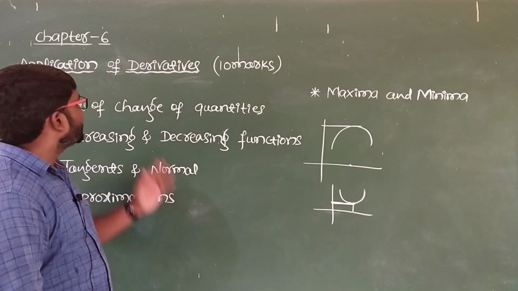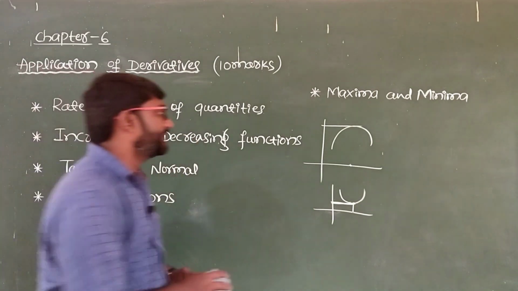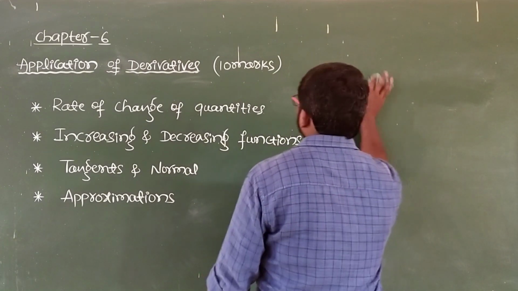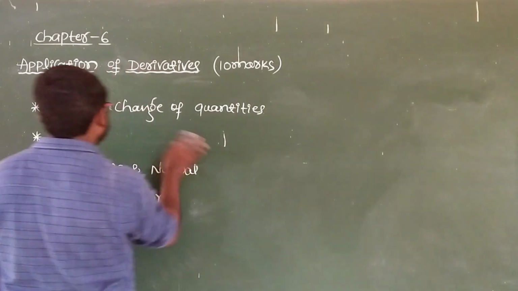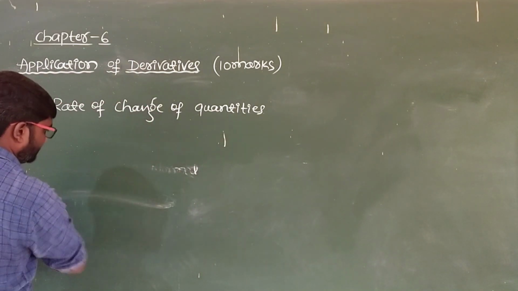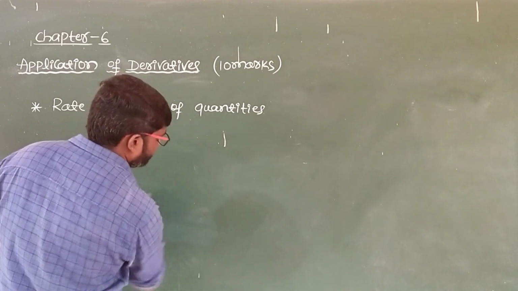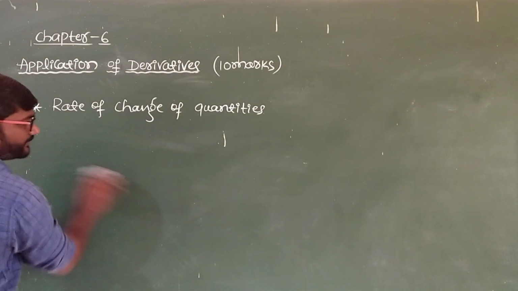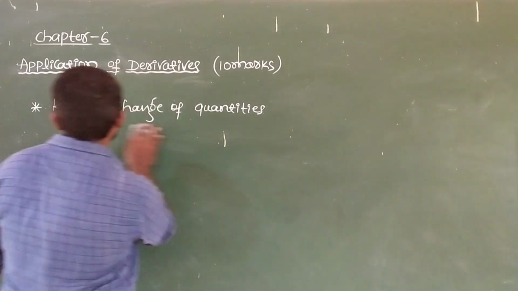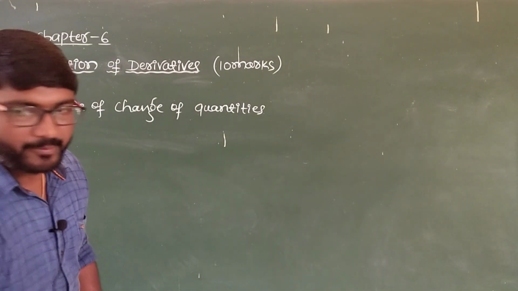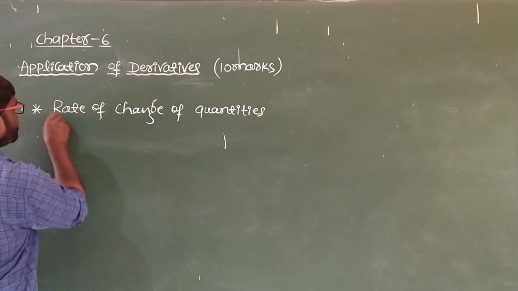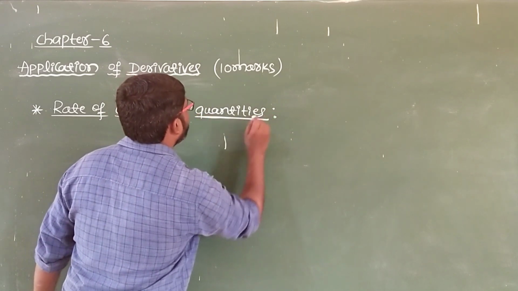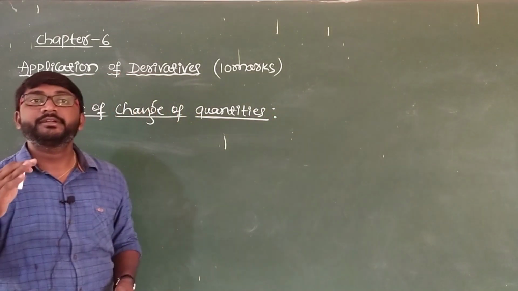So now we are going to start with the rate of change of quantities. We'll start with the first concept. Here one quantity varies with a parameter.